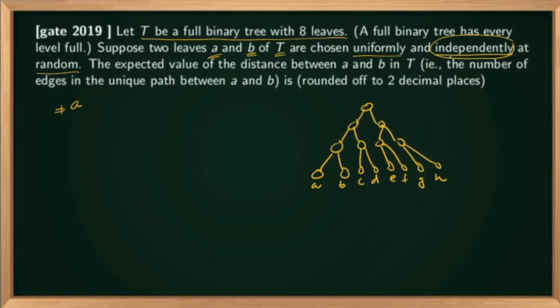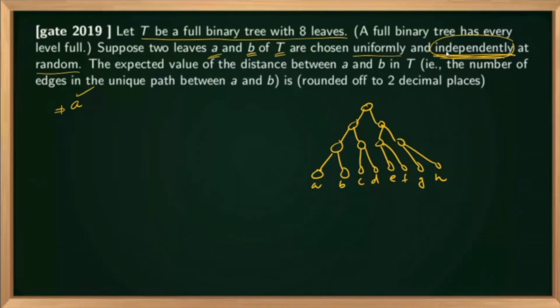It is given that it is independent. That means both times it should be independent. That means even if you take A the first time, the second time also you can take A. That is the meaning. If you assume that you are drawing balls, it is something like you draw a ball, then you replace it, and again you can draw.